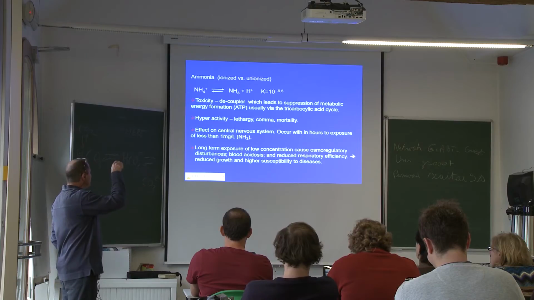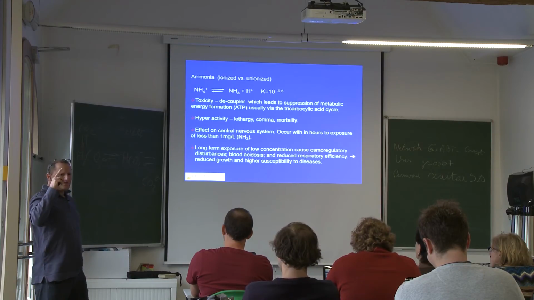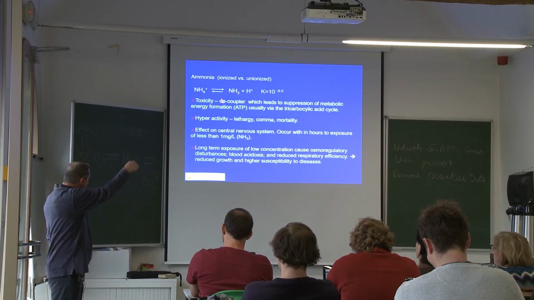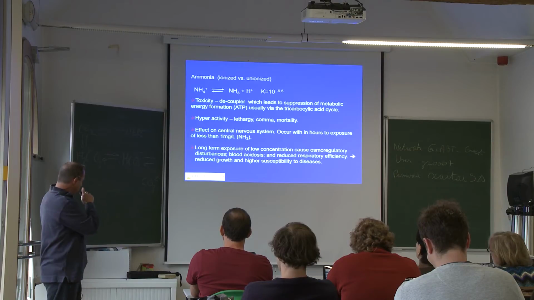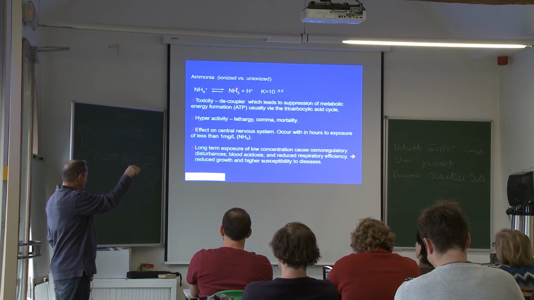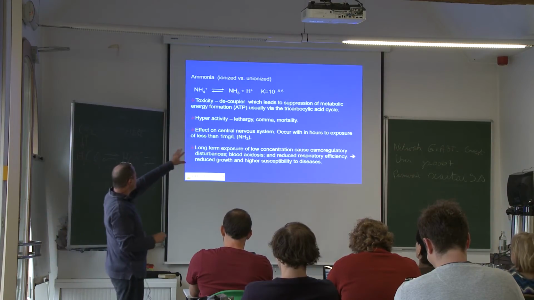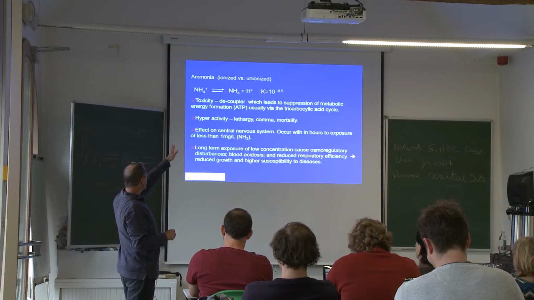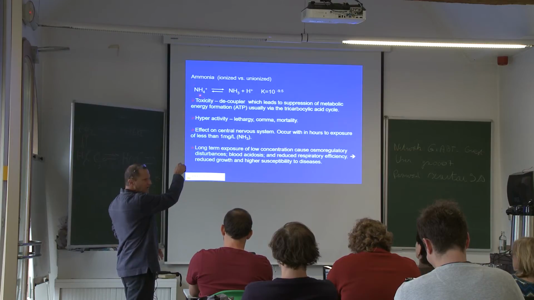And that's the equilibrium here. Everything starts as NH3 in an aquaculture system, because when the protein breaks down, it breaks down into ammonia. So it always gets into the water, and it's an equilibrium based on pH, okay? At normal pHs, 7 or 8, it is mostly in the ion form.